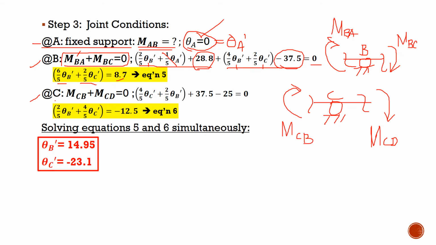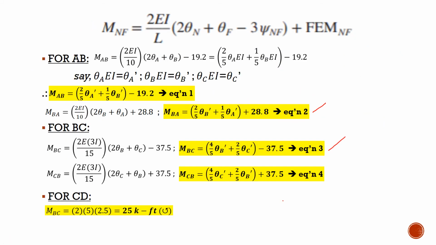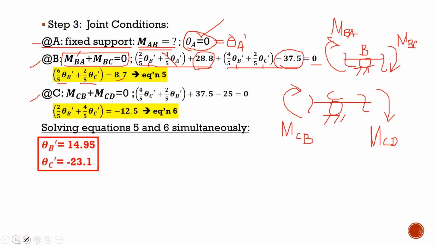Moment CB, from our step 2, equation 4, is 4/5 theta prime C, plus 2/5 theta prime B, plus 37.5, the FEM.